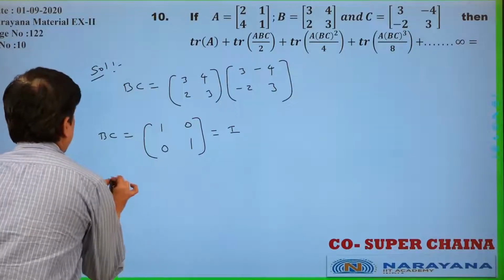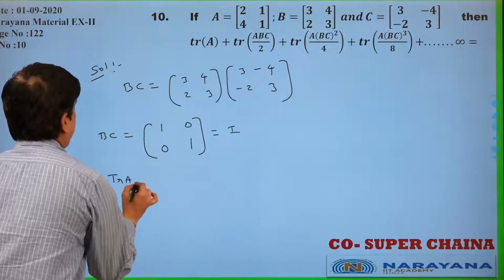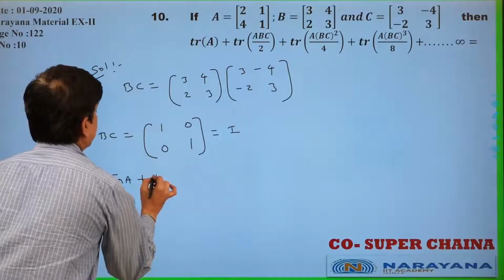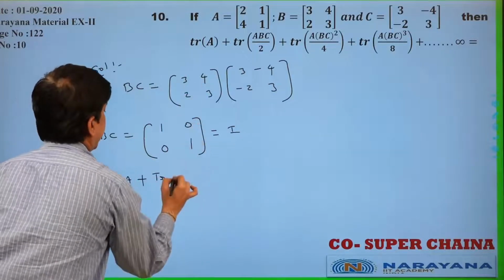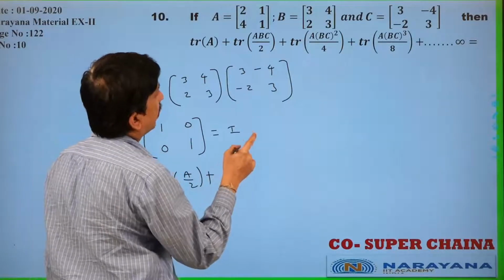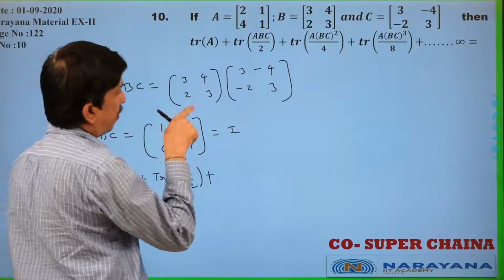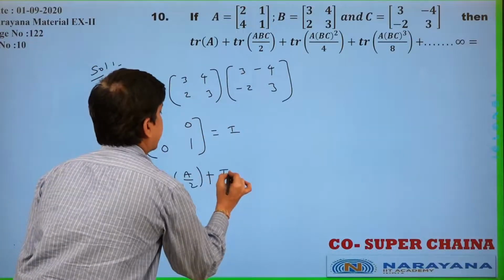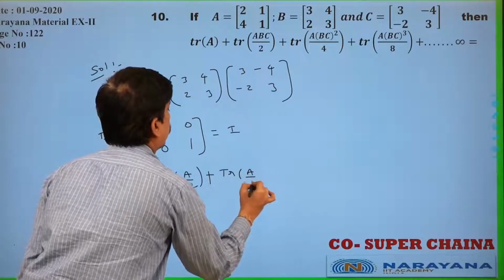Plus trace of ABC whole square by 4, that is trace of A by 2 whole square.